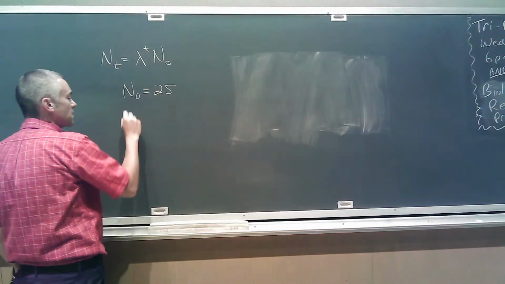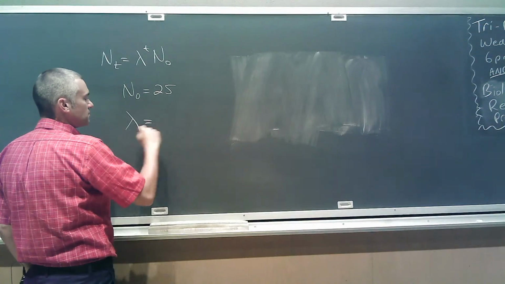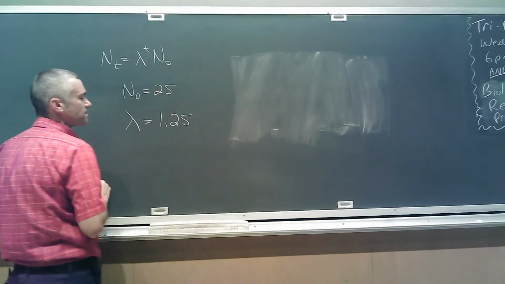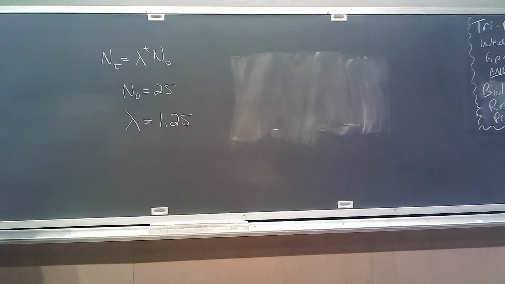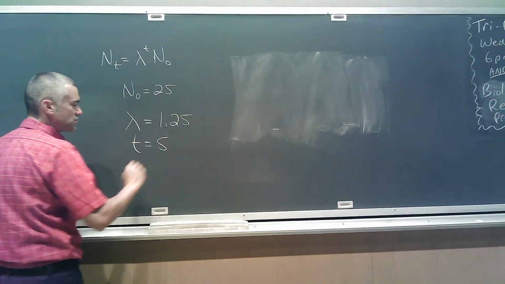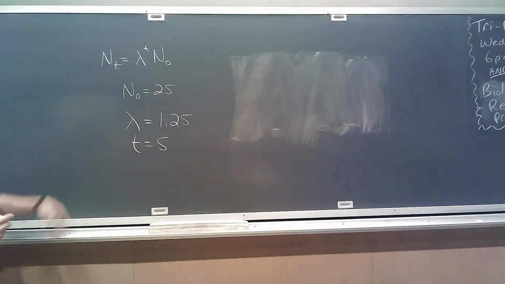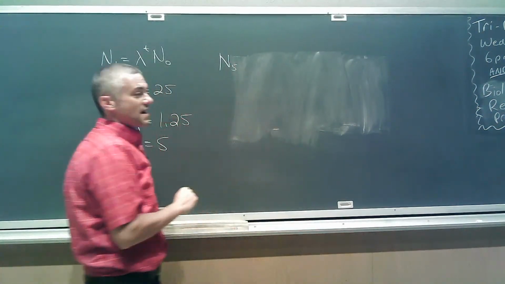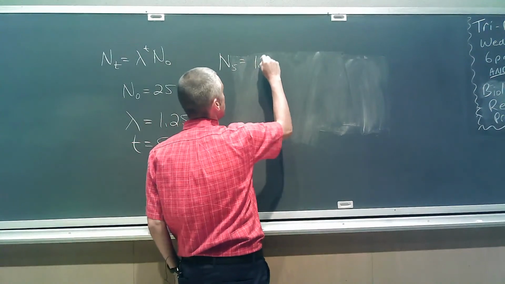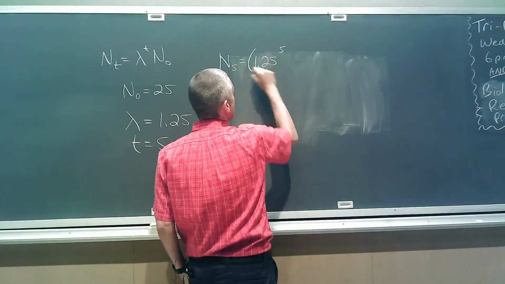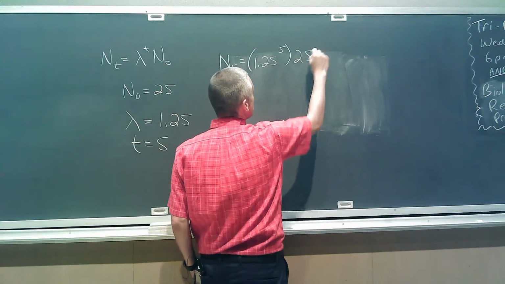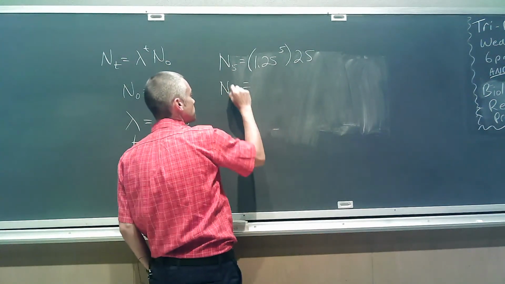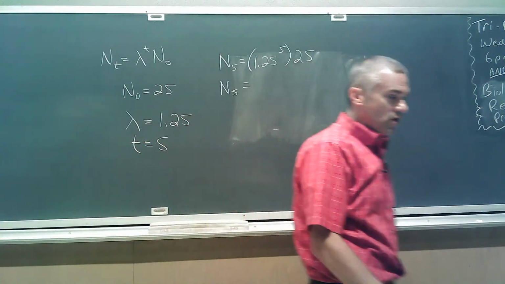I also gave you lambda, the finite rate of growth, which was 1.25. And then I asked what our population size is after 5 years, and that's our t. Now we just plug it into our equation and solve. Our population size after 5 years is going to be equal to 1.25 raised to the 5th power times our starting population size. And what is that?